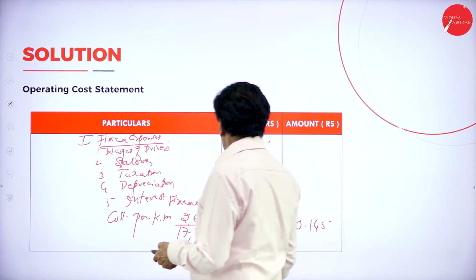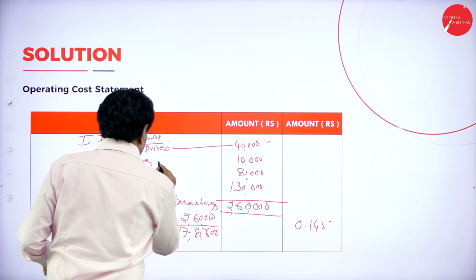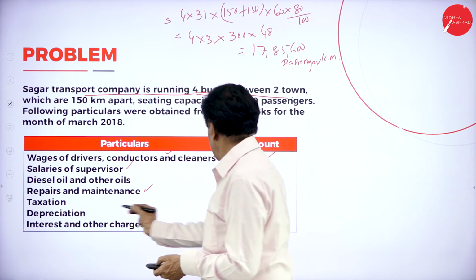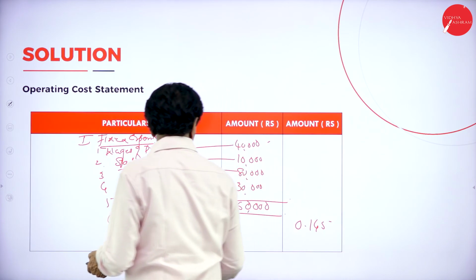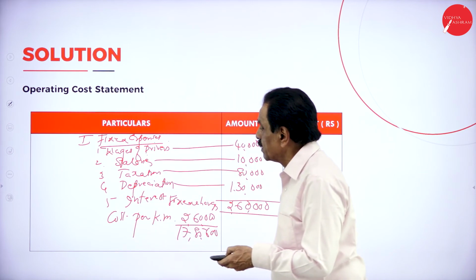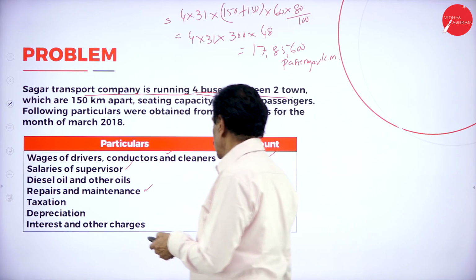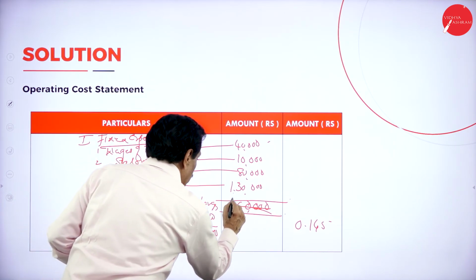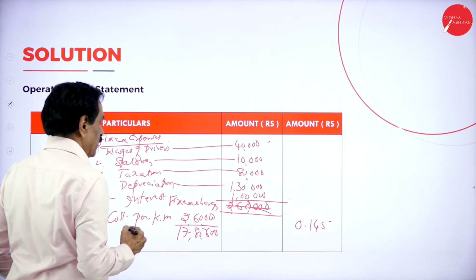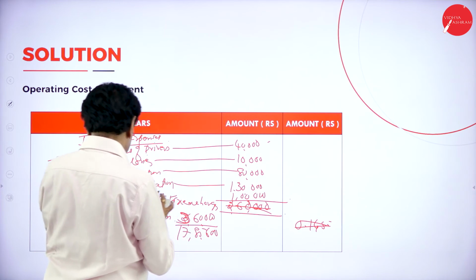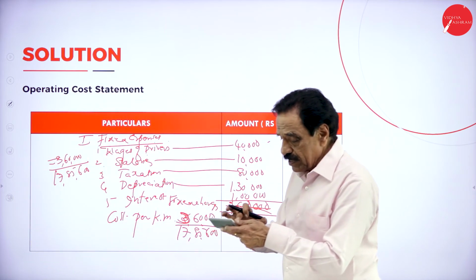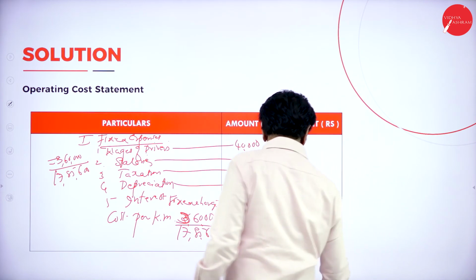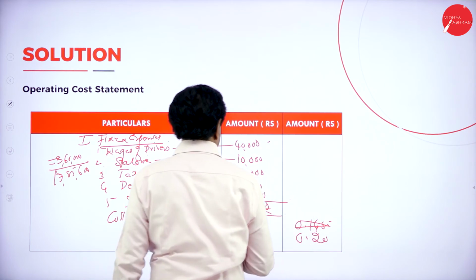Wages of driver 40,000, salary 10,000, taxation 80,000. Then depreciation 1,30,000. Then interest on other charges 1 lakh. It comes to, divided by 17 lakh 85,600, 0.201. You can take 20 paisa.